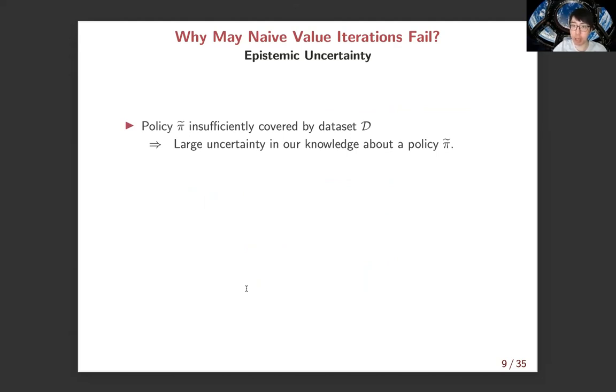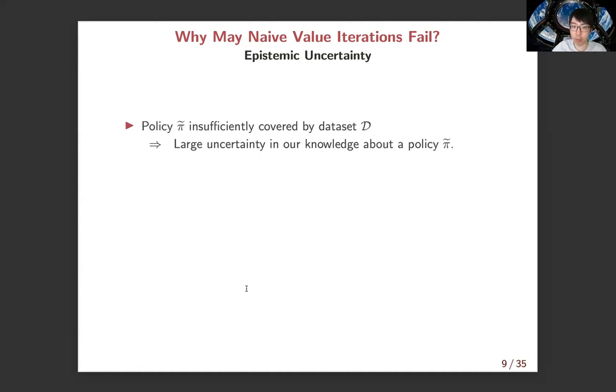We call it the epistemic uncertainty because it means that we lack observations on several of the instances or of the arms. So in general, this phenomenon can be summarized as follows. The policy is insufficiently covered by the data set.